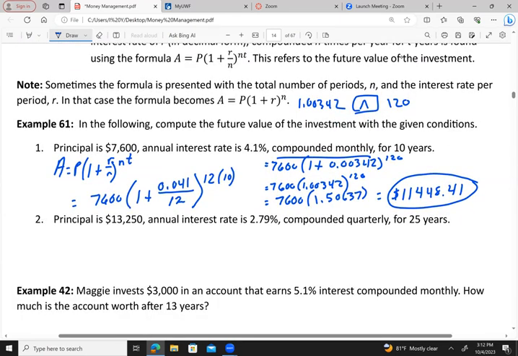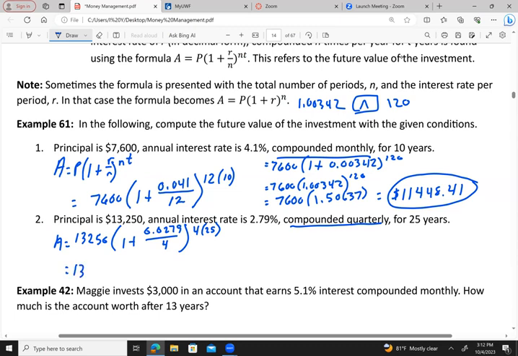Okay, let's look at another example of this. Same formula. Principal is 13,250. Annual interest rate is 2.79%. Compounded quarterly, so N equals 4, for 25 years. So I'm looking at A equals the principal, $13,250, times 1 plus 0.0279 divided by 4, to the 4 times 25.